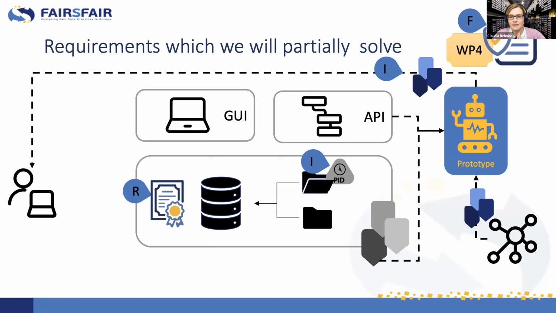And the last requirement is a machine readable license, which will clearly increase the reusability of the data set, because it doesn't help if I can technically understand my data set but I'm not sure if I can reuse it. And if the machine, in this case the prototype, already knows that this data set is reusable, then this would definitely be enhanced.